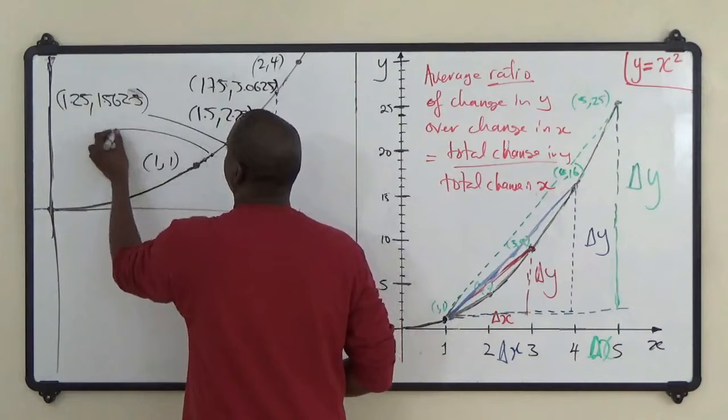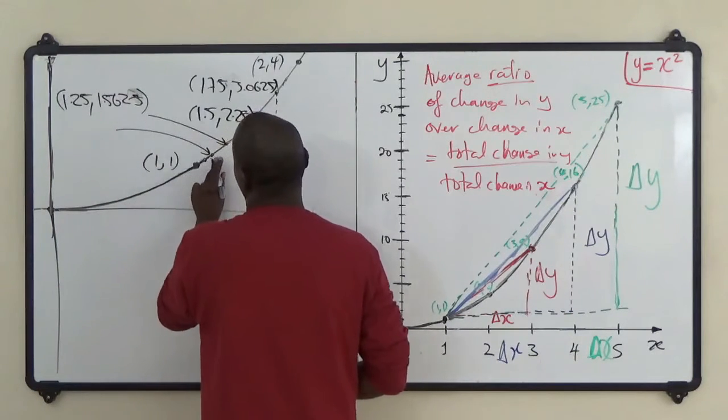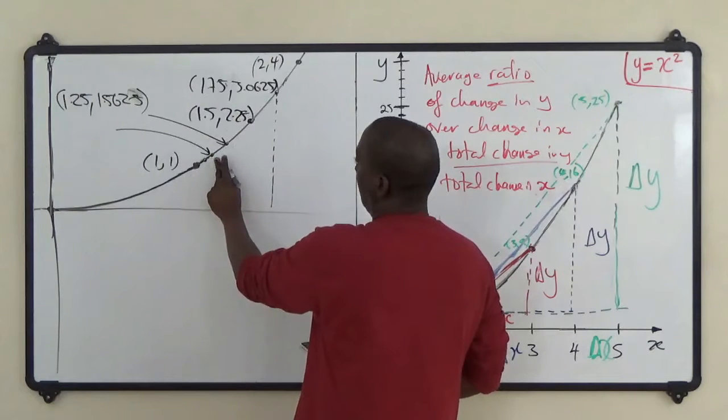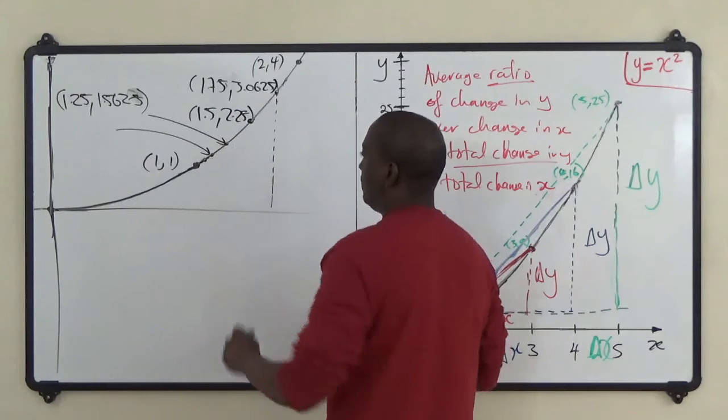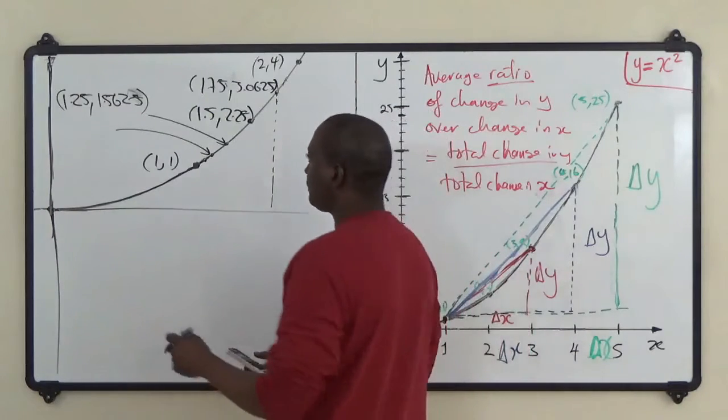This here is the point we had discussed as 1.1. Let me say 1.1. 1.1 squared is 1.21.